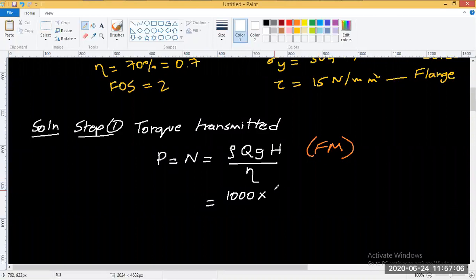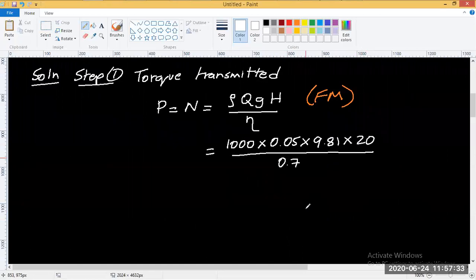So use that here. So 0.05 meter cube per second into 9.81, that is acceleration due to gravity in meter per second square, into head, which is 20 meters. So everything is in meters, what I have substituted. Divided by the efficiency, pump efficiency, that is 0.7.